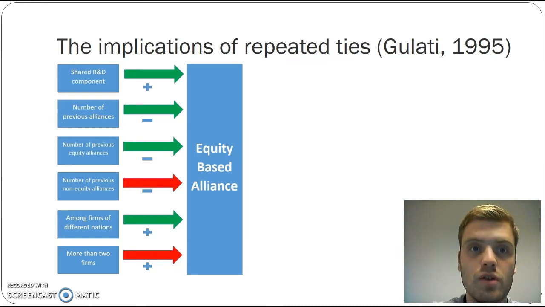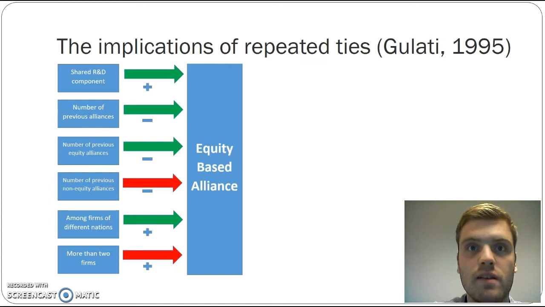The authors split up this hypothesis into smaller hypotheses because there is a difference between previous equity-based alliances and previous non-equity alliances.